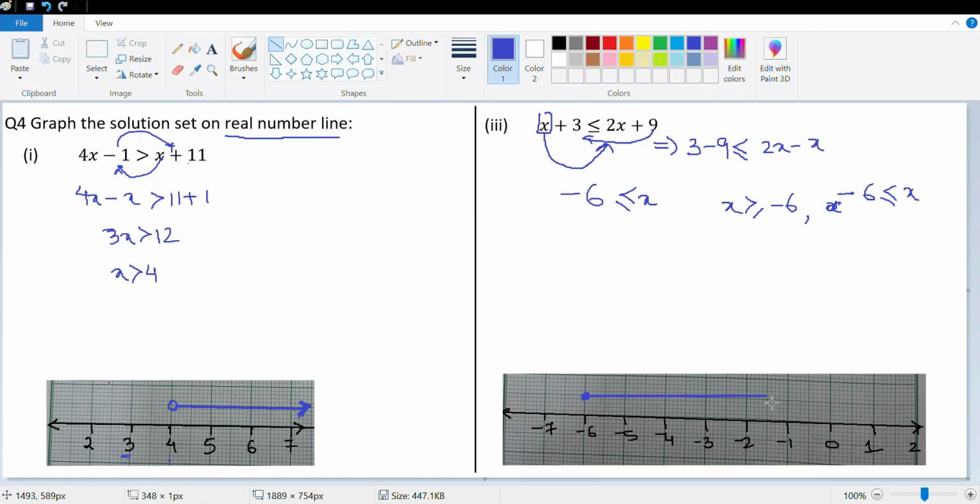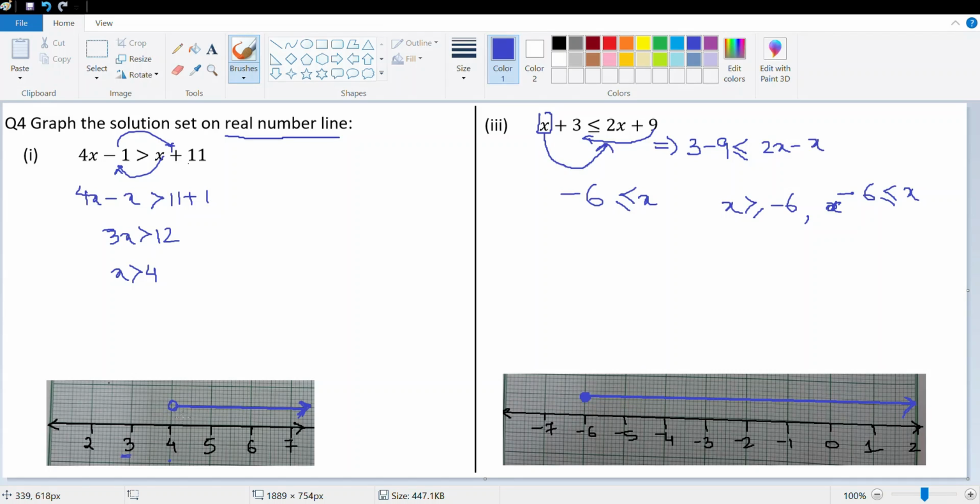Is there an end to it? No, it will keep going up to infinity on the positive side. So I take it right till the end and put an arrow indicating that it will go further on, and a filled circle here to indicate negative 6 is also a solution.